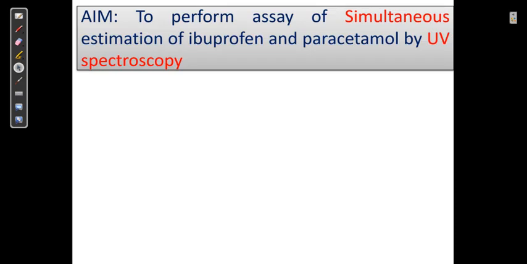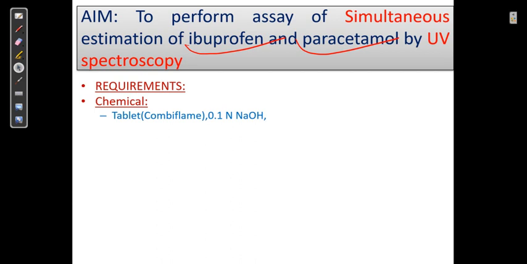So the aim of today's experiment is to perform the assay of simultaneous estimation of ibuprofen and paracetamol by UV spectroscopy. One of my videos is on paracetamol assay calculations and procedure only; this one is for simultaneous estimation. So these are the requirements. Chemicals: we require a tablet, most probably Combiflam, and 0.1 normal NaOH.